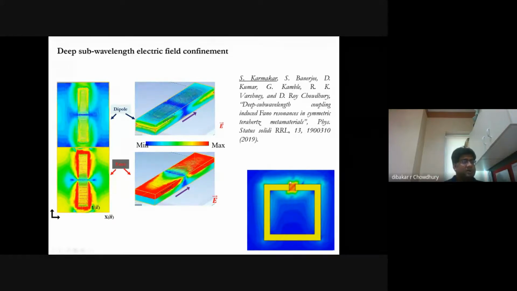However, this field confinement may be strong, but it is limited to a very small place. In this case, because of the broadside coupling between the bottom and top resonator, the field confinement is almost all across the resonator. That means the effective area of sensing is increased.